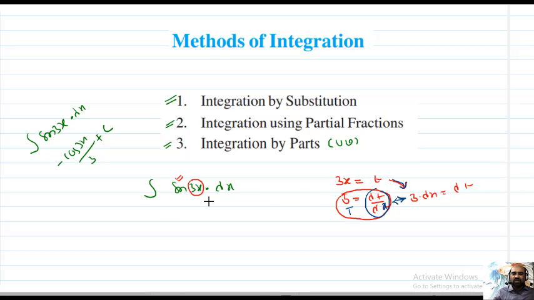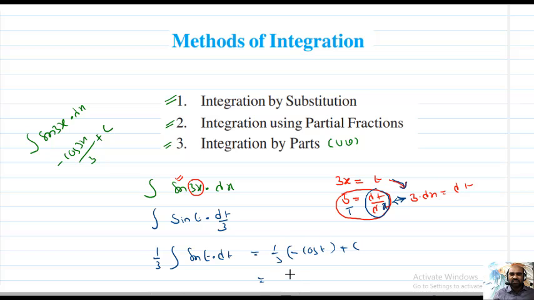So now I want to change the total problem. In the integral of sin 3x dx, instead of 3x I can write t, and instead of dx I can write dt by 3. This is nothing but 1 by 3 into the integral of sin t dt, which is 1 by 3 into minus cos t plus c.